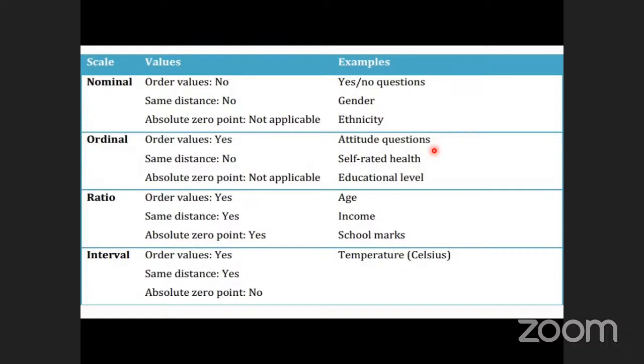So in the case of interval, when you go to ratio, if there are any zero frames. Zero age means you are not conceived. I want to take age now in terms of years.